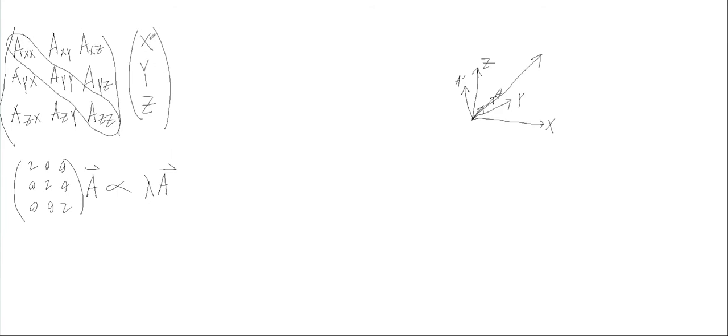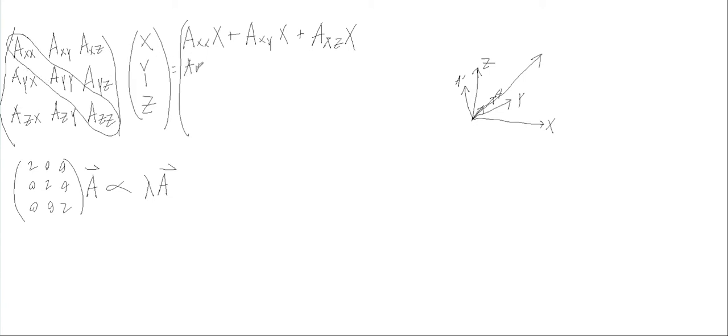So a_xx times x plus a_xy times y, plus a_xz times z, and that will be the first part in our new column vector. So this is equal to this new column vector here, and then we just do the same thing for the next one.